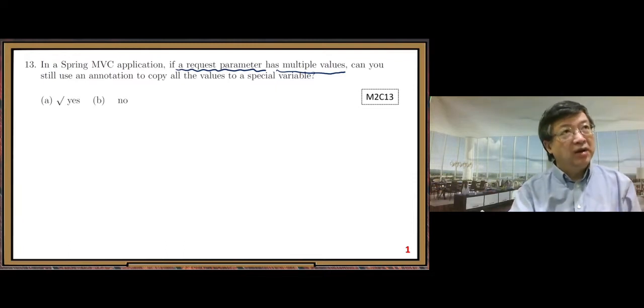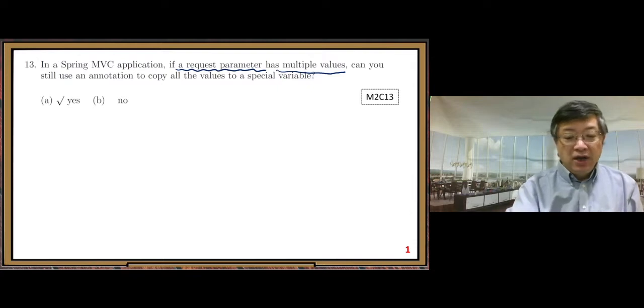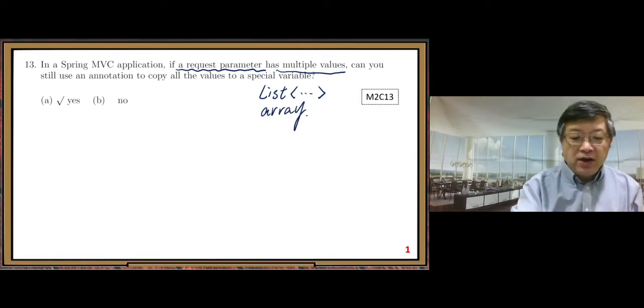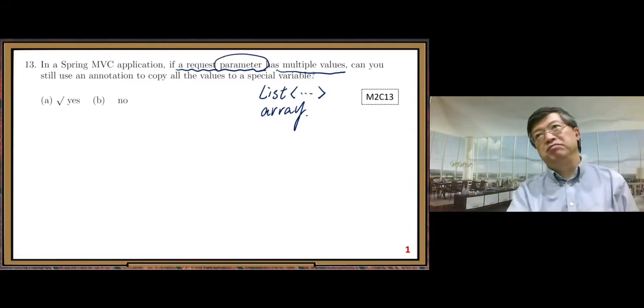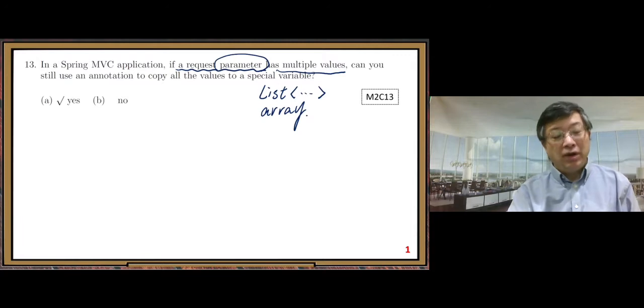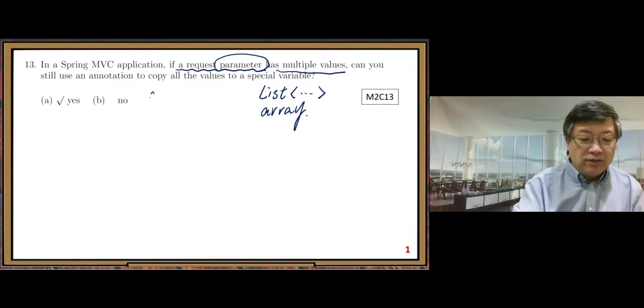Okay. Remember, we can use a list object or array, right? Array. Because here is one parameter, and one parameter may have multiple values. That's possible. For example, the checkboxes.